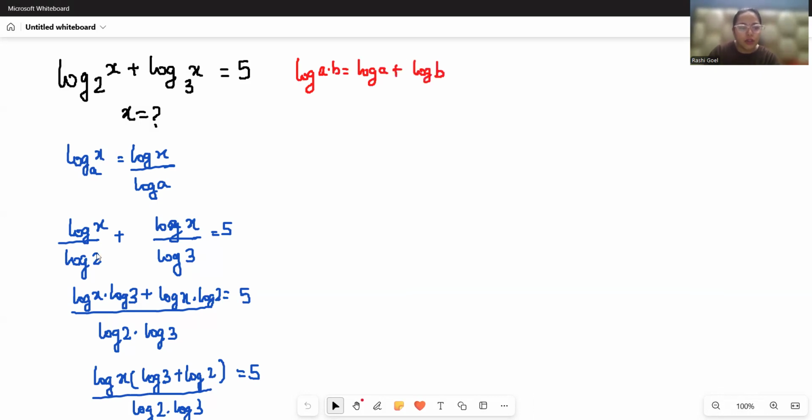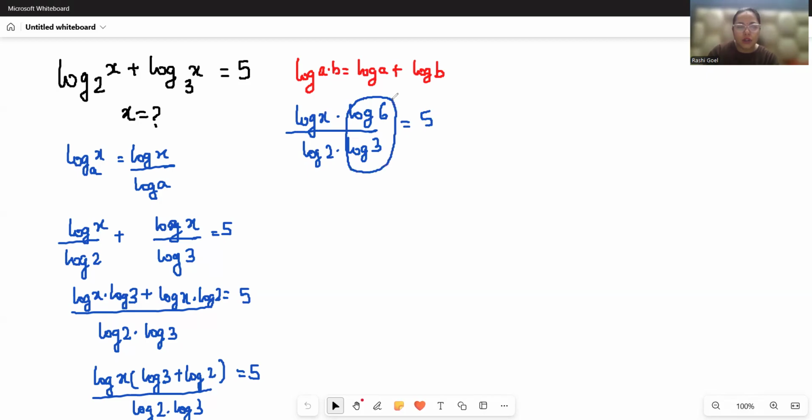So we can write our numerator as log x times log of 3 times 2. So it becomes log x times log 6 over log 2 times log 3 equal 5.